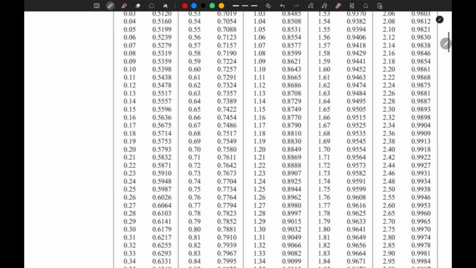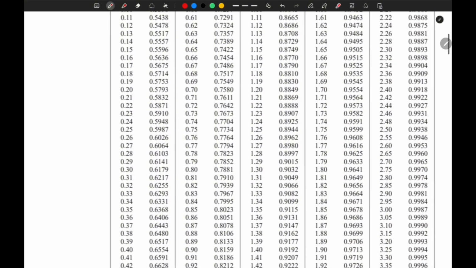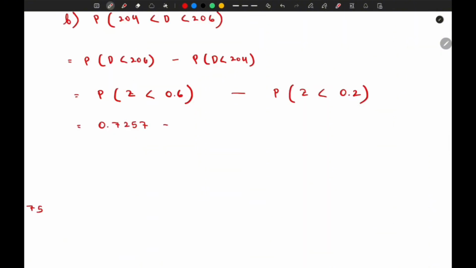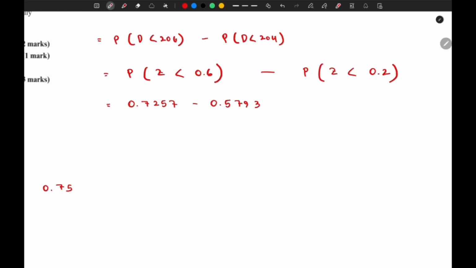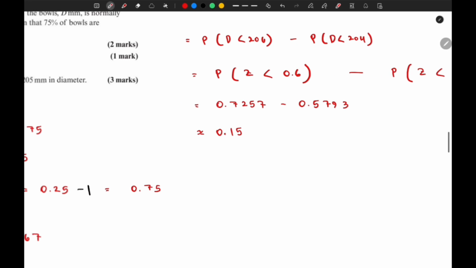And when the value of z is 0.2, the probability is 0.5793. So we can replace the second part with 0.5793. So overall, this gives us a value of 0.15. So that is it for this part.